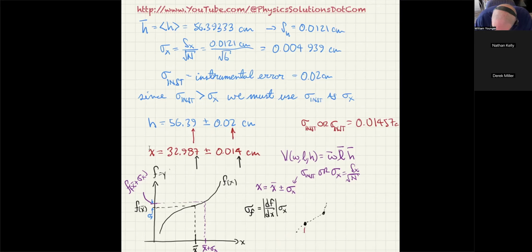So straight below here is x bar, and straight below here is x bar plus sigma x. Then you also have the tangent line, or the secant line is technically what that's called, until you take the limit as delta x approaches zero. But what you see right here is this quantity is sigma x, and this quantity is sigma f.